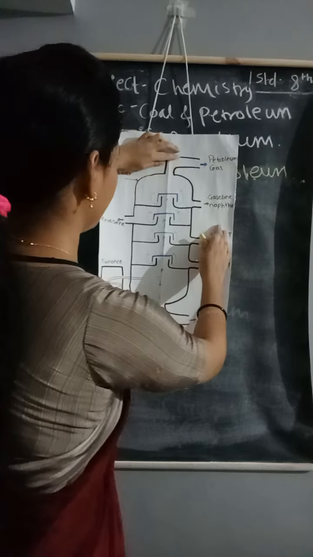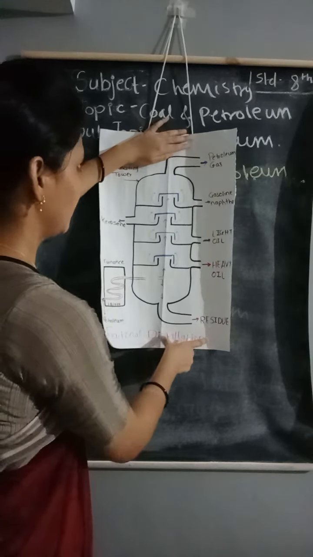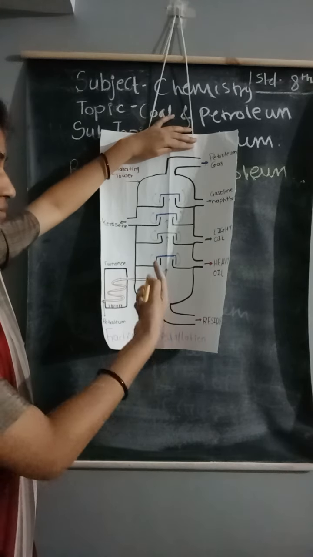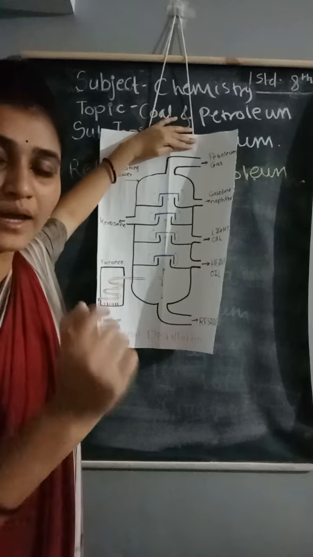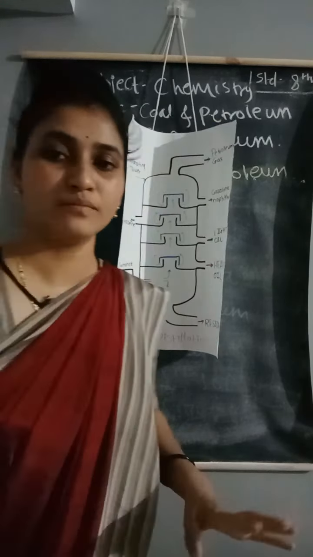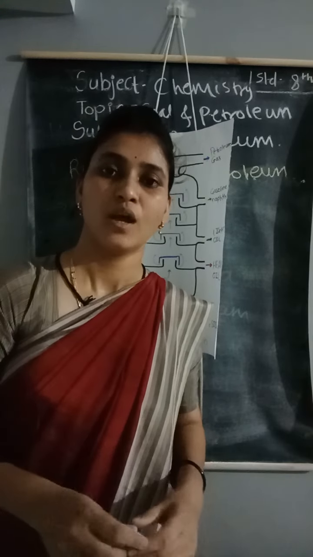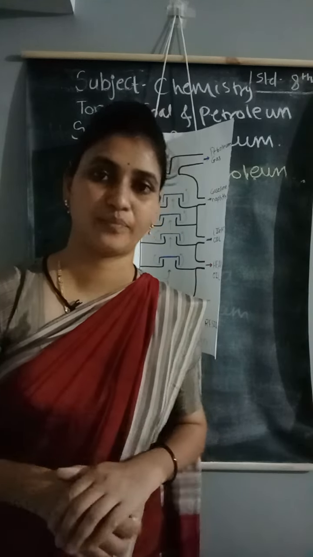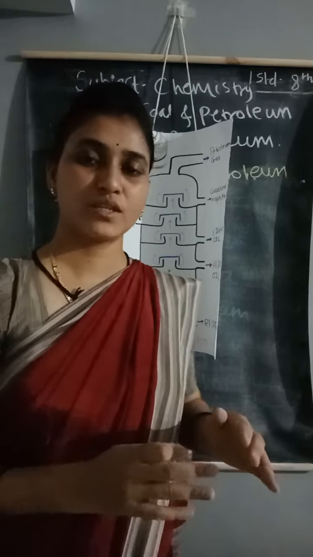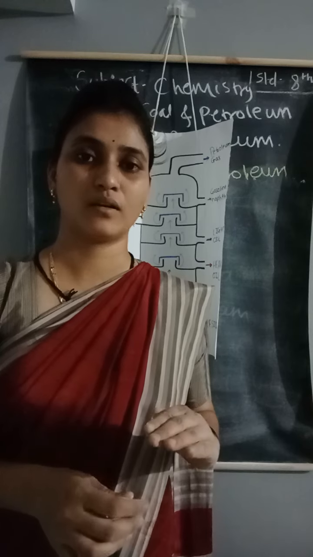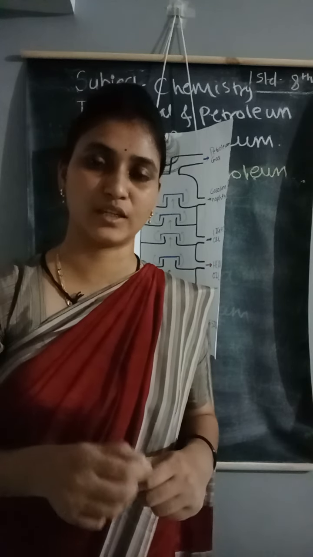See here, this is the fractional distillation apparatus. Why do we call it fractional distillation? Because in petroleum many hydrocarbons are present with different boiling points. Those boiling points we call fractions, and on the basis of boiling points we can separate them by fractional distillation.